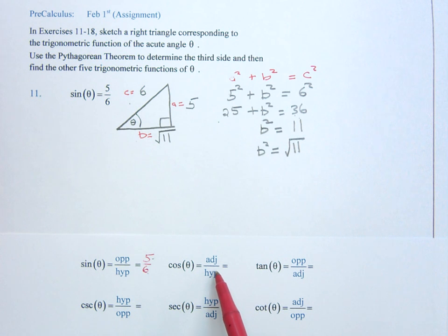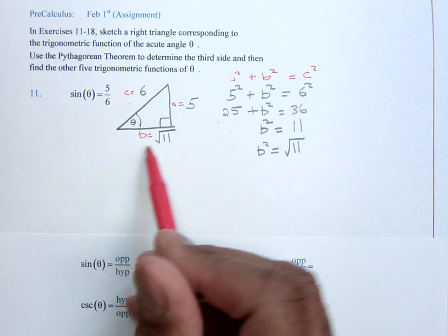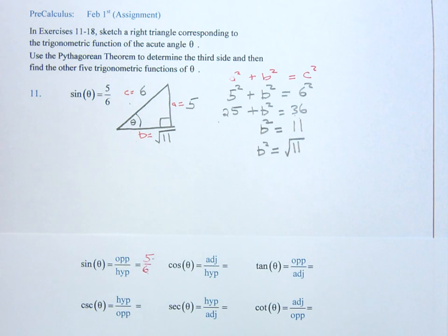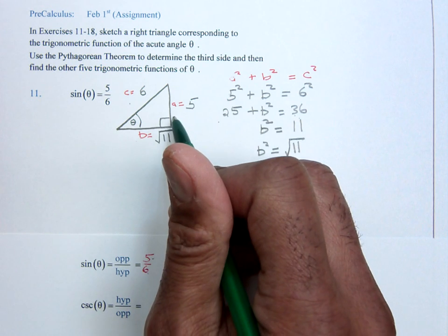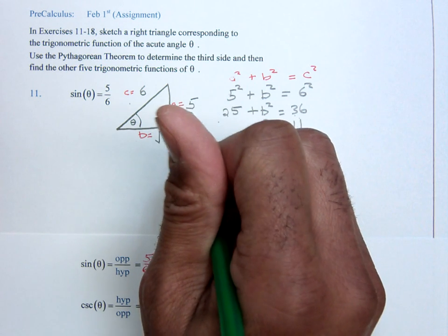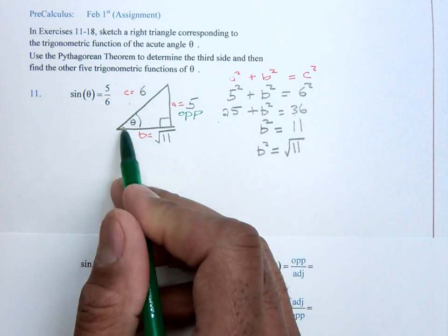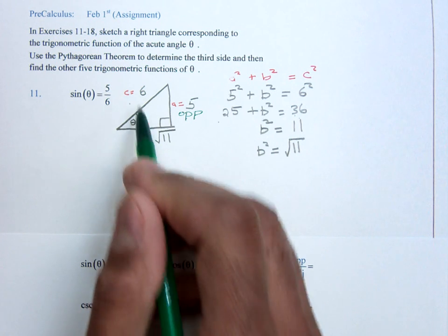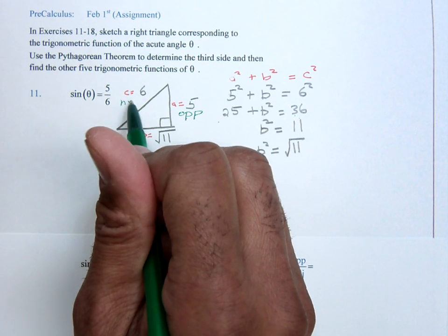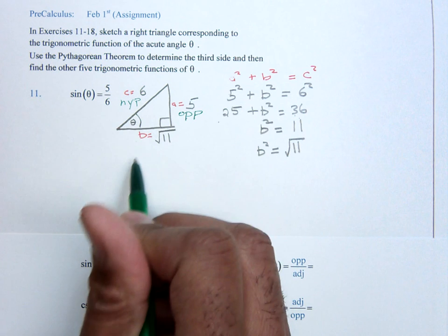We need to write the cosine. That'll be the adjacent over the hypotenuse. Well, the adjacent, if we label these, this side is opposite. I'm going to label them in green. This side is opposite because it's on the opposite end of the triangle as our working angle. This is the hypotenuse. Remember, adjacent means next to.